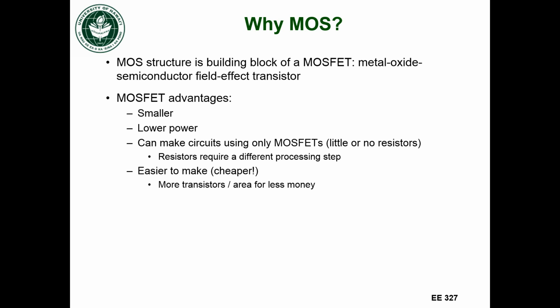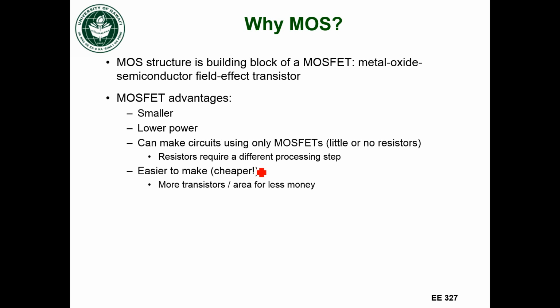Well, when you're actually creating these resistors, that requires a different processing step. If you're making something with a very high resistance, it's a metal film on top of your semiconductor wafer, so that can take up a lot of space, whereas a transistor, to make a high resistance, can be made much smaller.